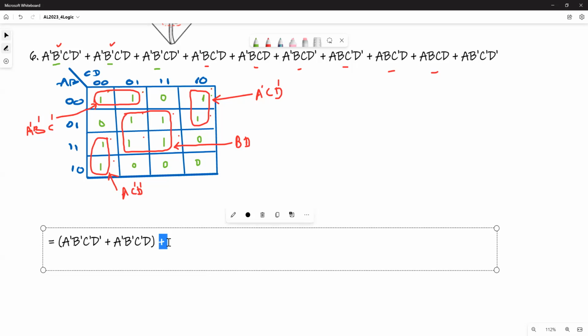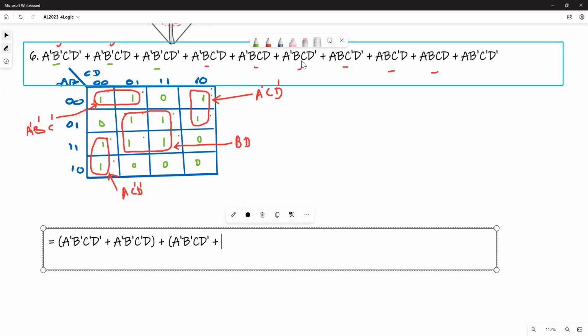And then what I'm going to do, I'm going to get A bar, B bar, C, D bar, plus, that means this, A bar, B bar, C, D bar. And then I'm going to get this one. What is this one? That is A dash B, C, D dash. That means this one.